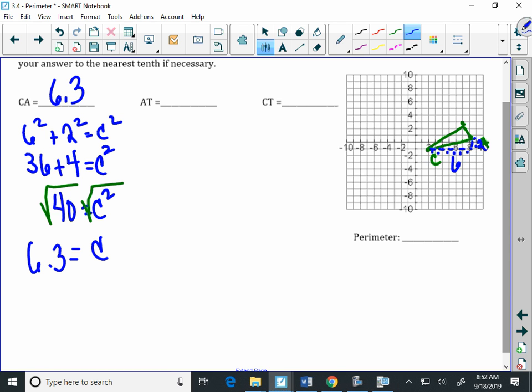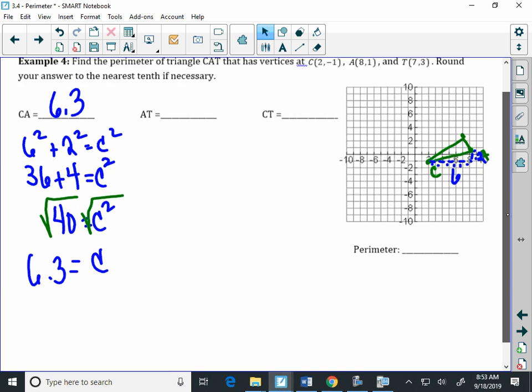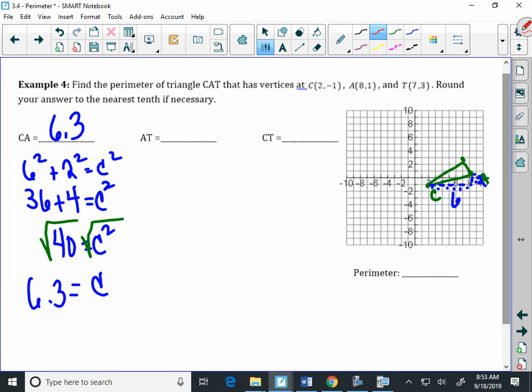We need to figure out the length of AT. So I'm going to color code this here. A is here, T is there. I don't know why I didn't mark the T. And our triangle, again, very small. But what we get is here and here. Very small triangle.